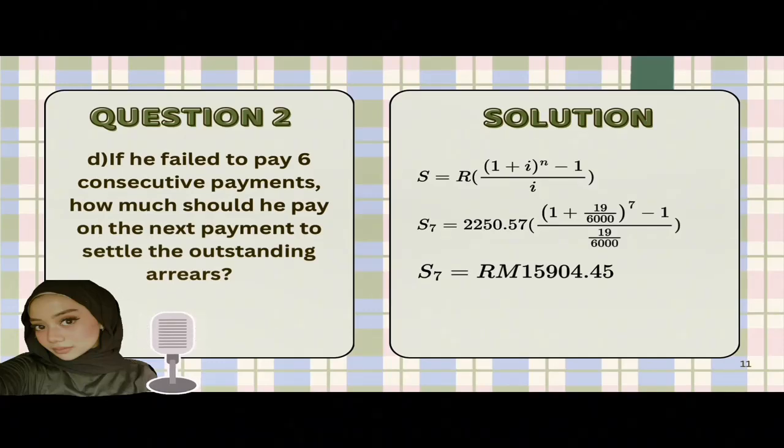For this question, we use the formula of the future value of an ordinary annuity, which is S equals R times (1 plus i) to the power of n minus 1, over i. R is equal to 2250.57, and 1 plus 19 over 6,000 to the power of 7, which is the arrears, minus 1, over 19 over 6,000.